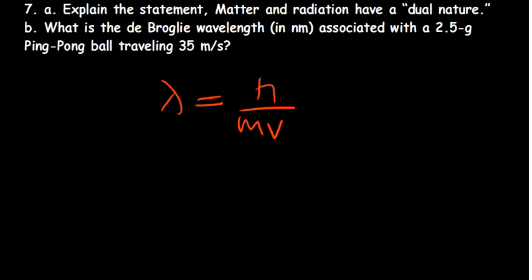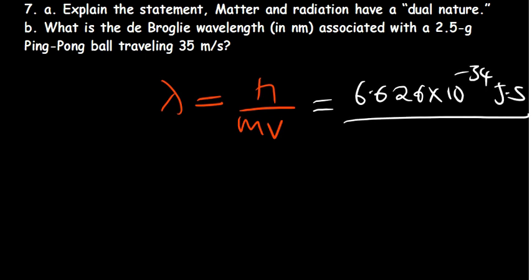So we need to find the wavelength. Planck's constant, 6.626 times 10 to the power negative 34 joule-second, divided by mass. So we need to have our mass in kilograms, not grams: 2.5 divided by 1000, that's 0.0025 kilograms, and then multiply by the velocity, 35 meters per second.